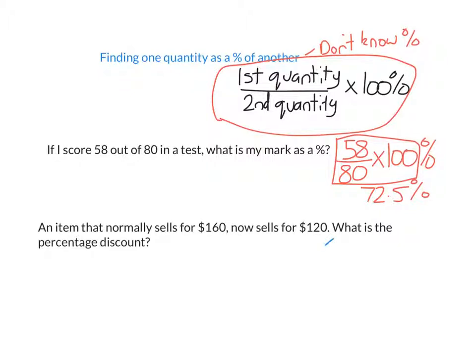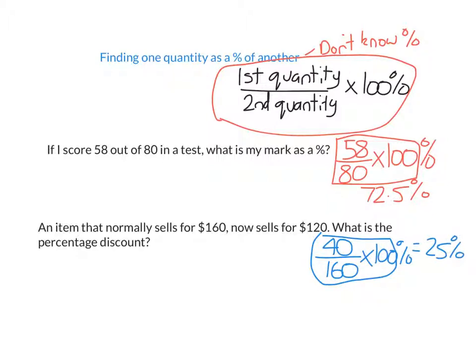So the discount is 40. I want to find what that is as a percent of 160. So discount divided by original price times 100%. Again, you just put this part on your calculator and get 25. So the answer is 25%. If you take an item that's 160, discount it to 120, you've discounted it by 25%.